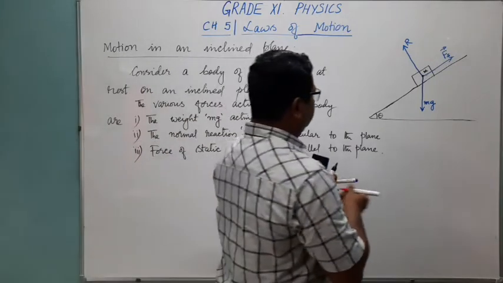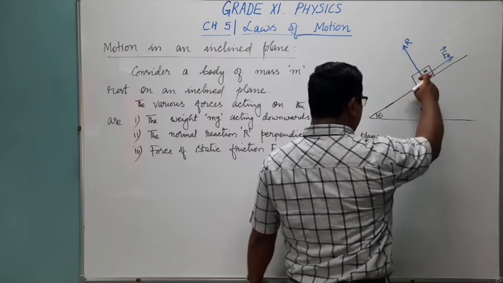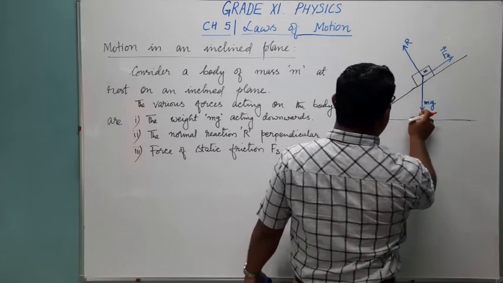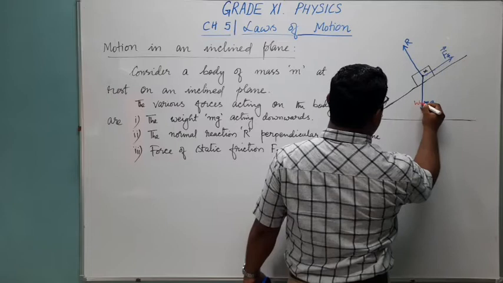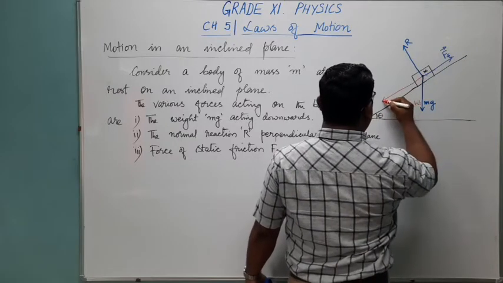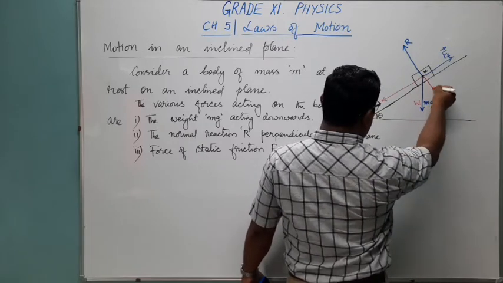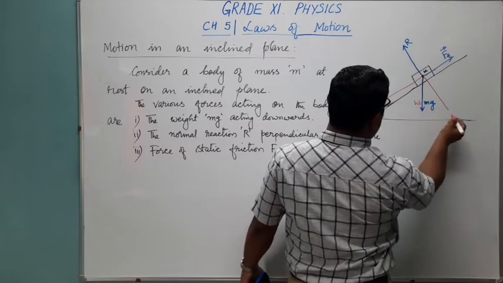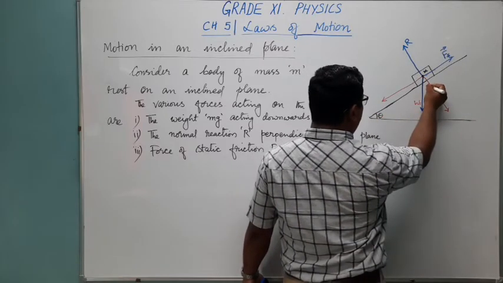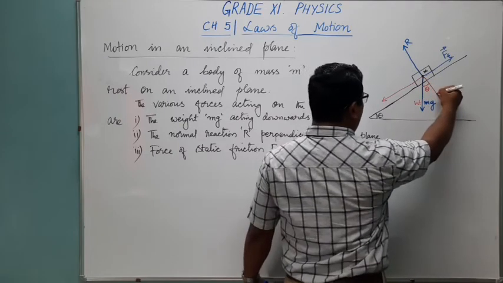Here, these two are perpendicular and parallel to the plane, but mg is neither parallel nor perpendicular to the plane. So this weight mg we can resolve into its two components, one parallel to the plane and one perpendicular to the plane. If this angle is theta, this angle also will be theta. How will it be theta?